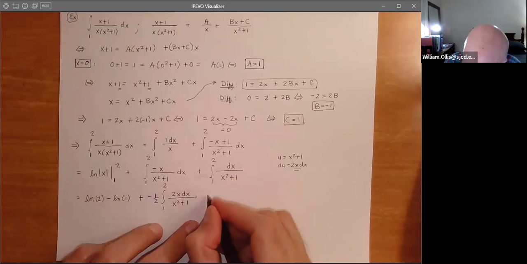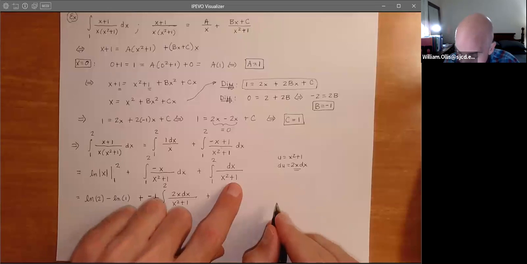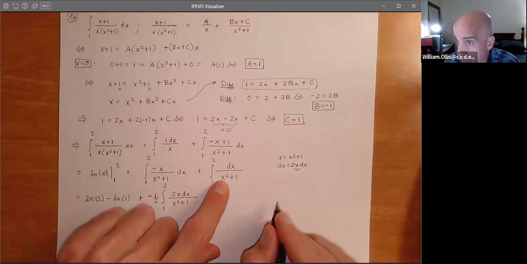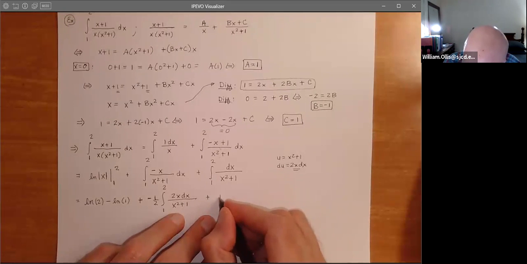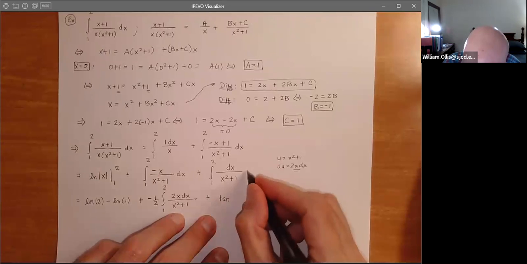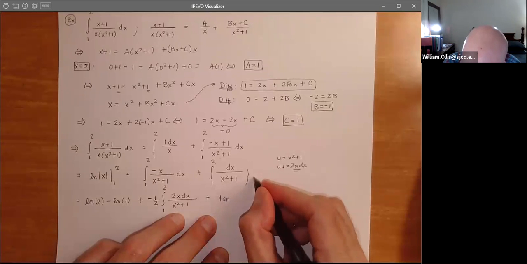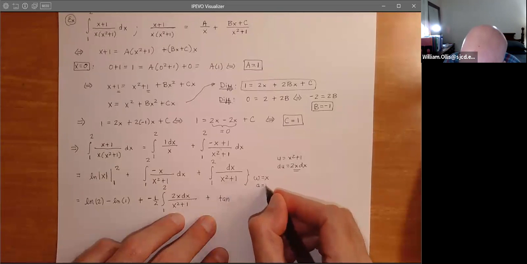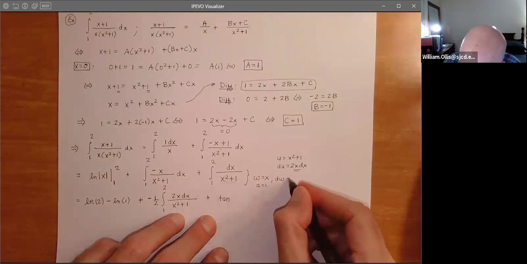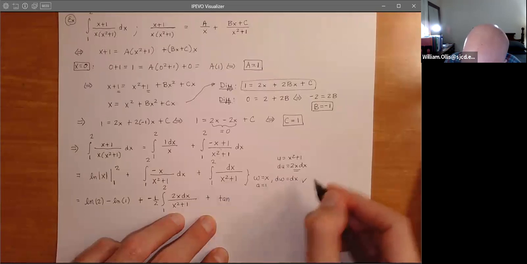Now we can go ahead and move this one forward. Notice the a is 1 and the u, or omega, is just x, so that's simple. So this will give us an inverse tangent. In this case, we'll just say omega equals x and a equals 1, d omega equals dx. So that one's good to go.